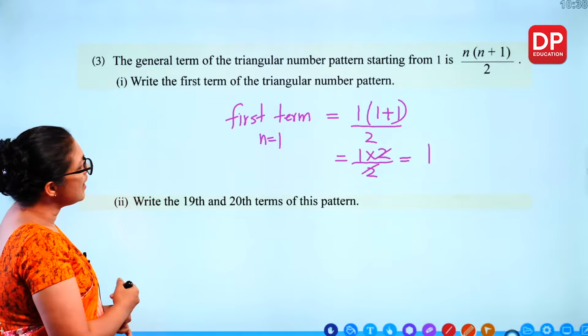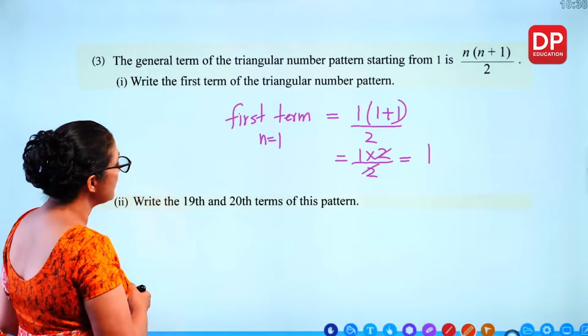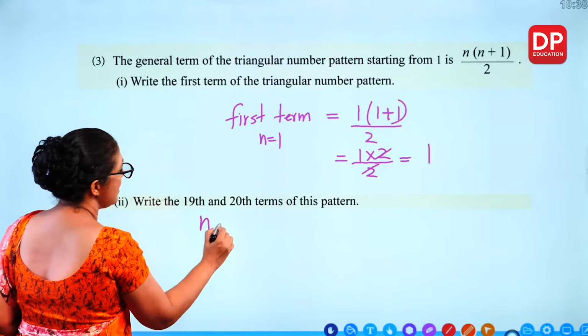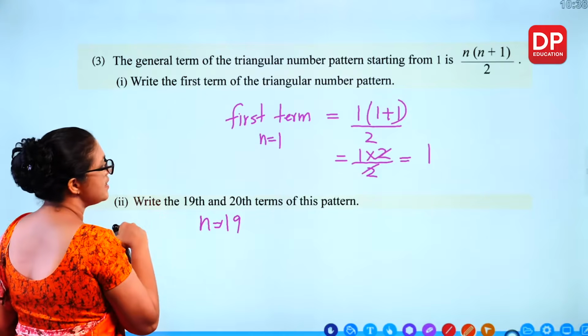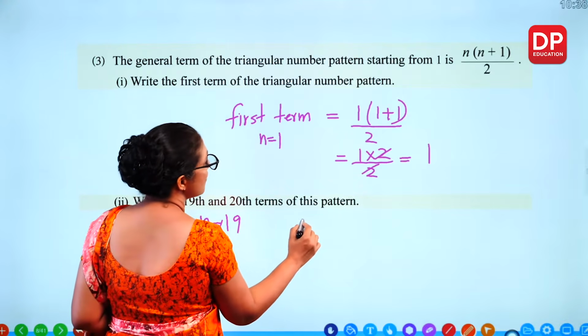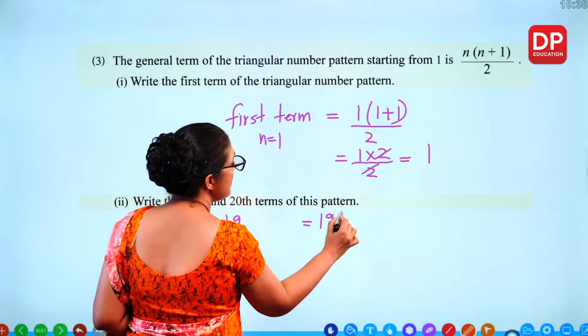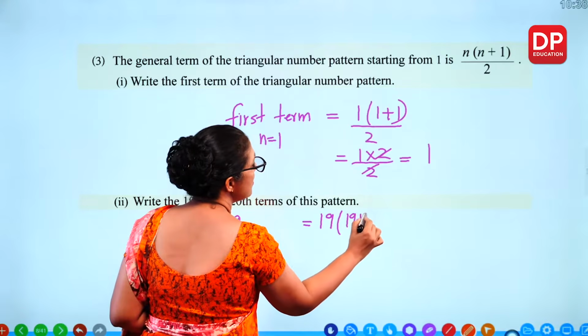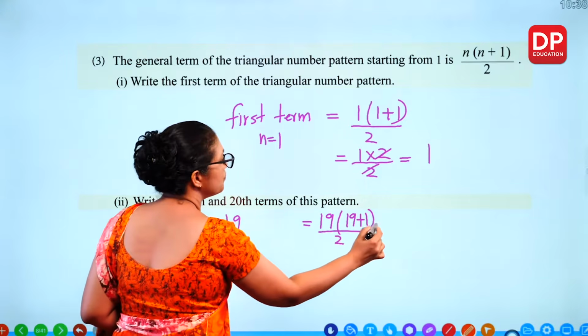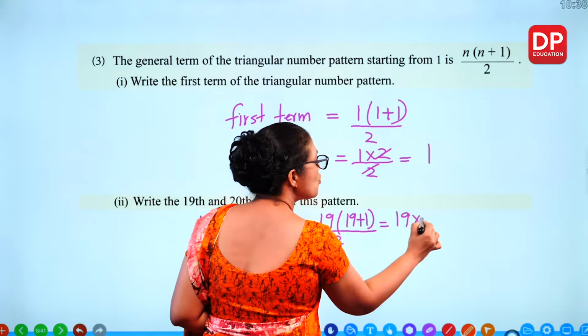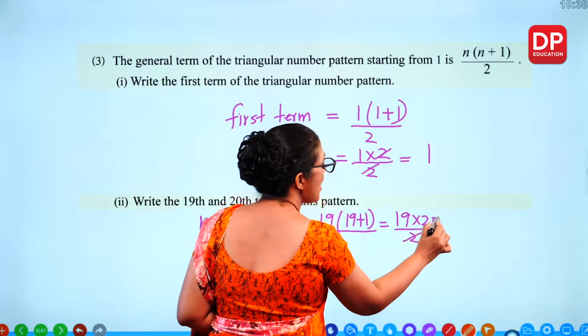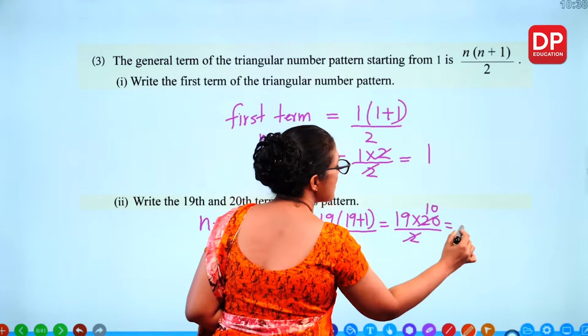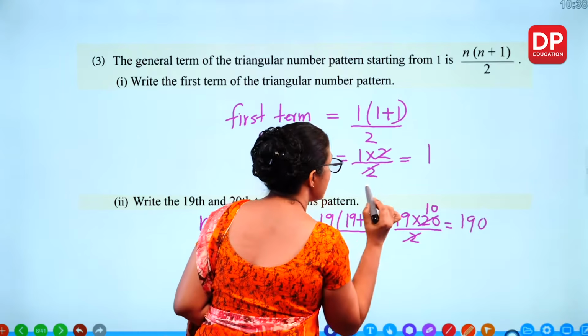Write the 19th and 20th terms of this pattern. So we can use n equals 19 for the 19th term. So you get 19 times (19 plus 1) divided by 2. 19 times 20 divided by 2. So 2 times 10, 10 times 19, 190.